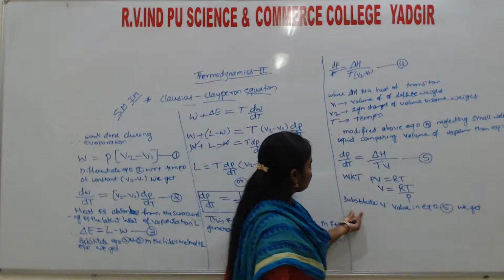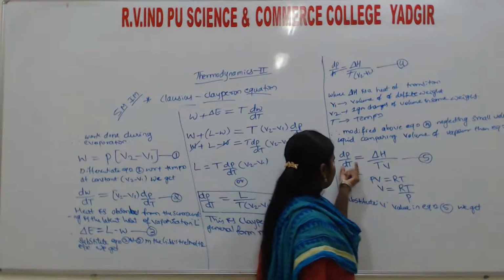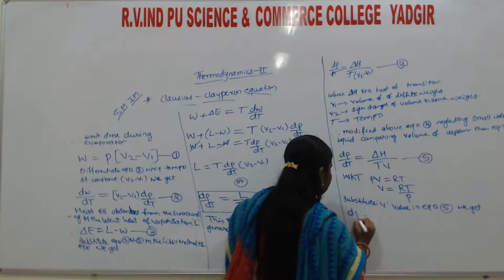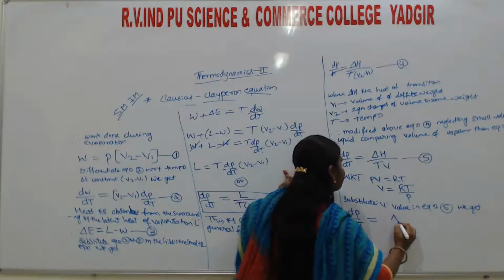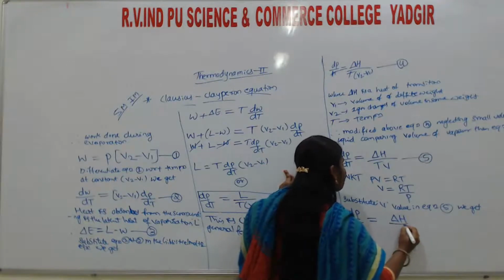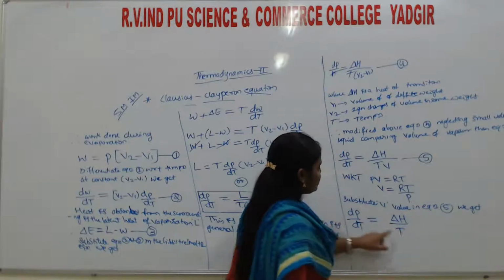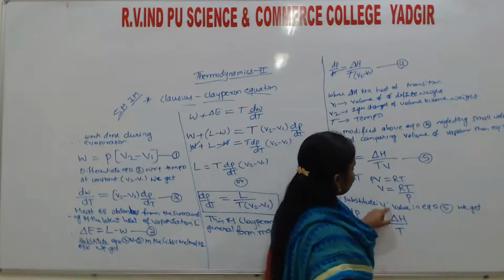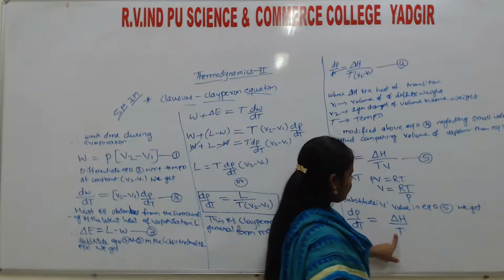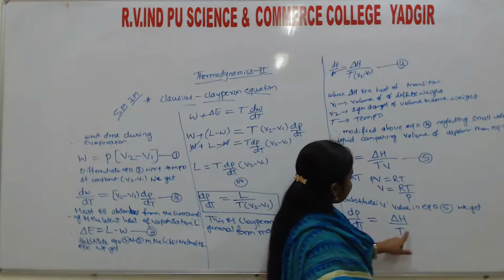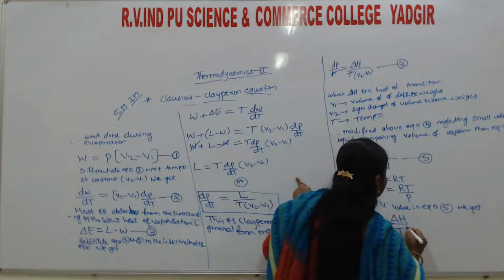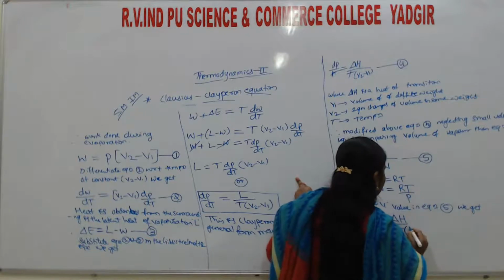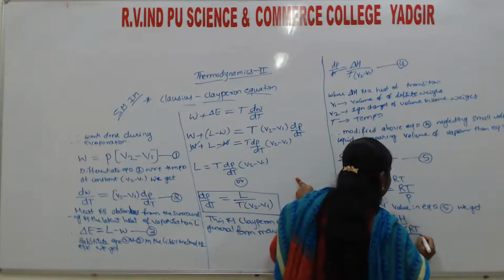In equation 5, we get dP divided by dT is equal to delta H divided by T, and delta H divided by V means multiplied by P divided by RT.